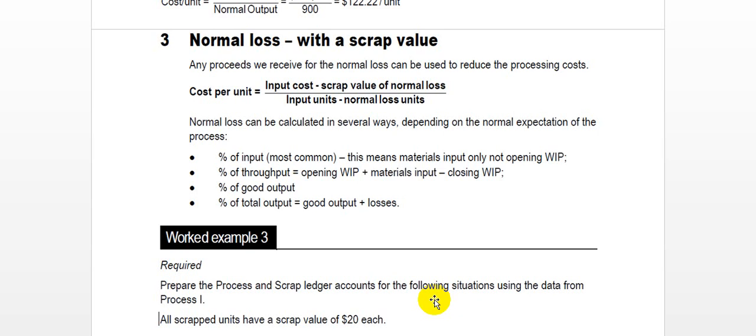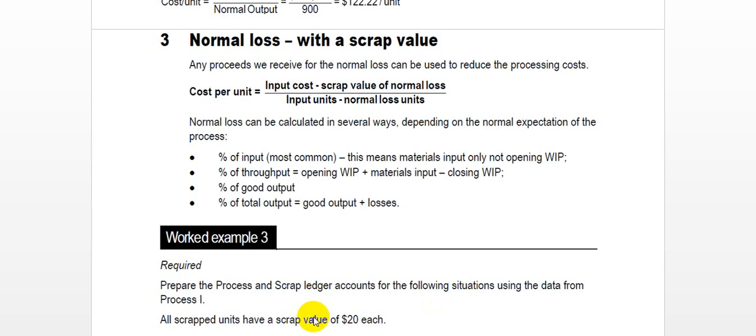But some normal loss which is expected can also be sold. Because it's expected, it can be sold. That value is known as scrap value. An example would be what? If you killed a cow for the beef, you still sell other parts of the product usually.